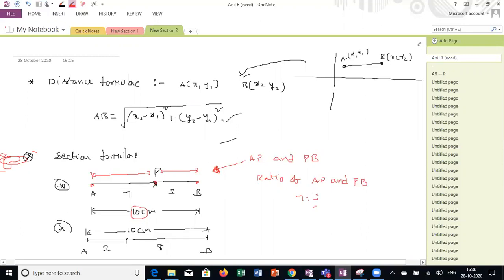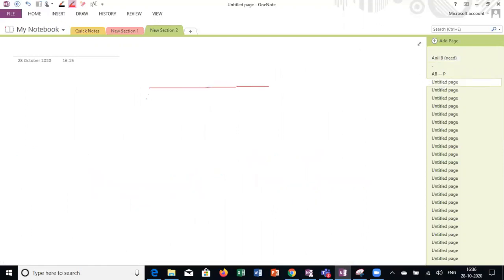7:3. That means I can say the point P is dividing the line AB in the ratio of 7:3. This is 7 parts, this is 3 parts, and the total length is 10 parts.